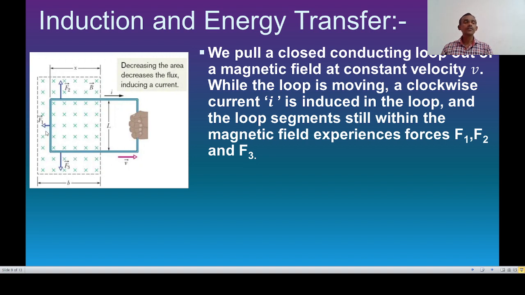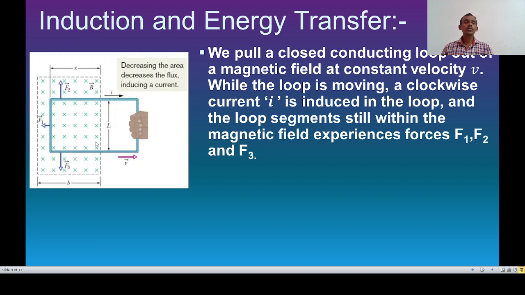Similarly, the horizontal segments which are inside the magnetic field also experience forces. This is a rigid segment, therefore the total horizontal segment experiences the force F2, and the other total horizontal segment experiences the force F3. Now F2 and F3 are in opposite directions, therefore they cancel out. The remaining force is F1.